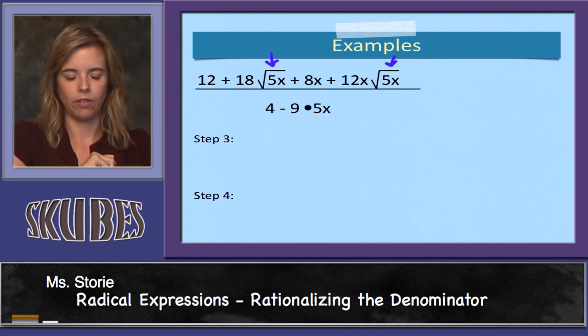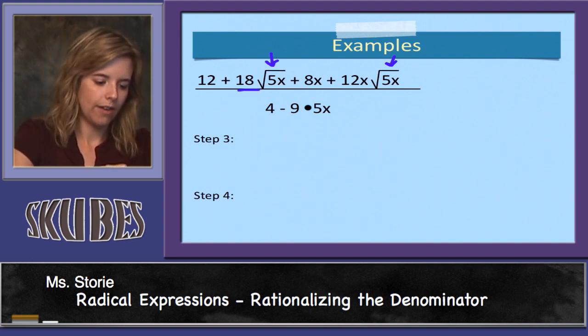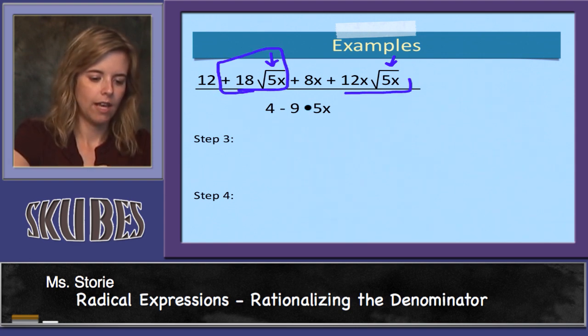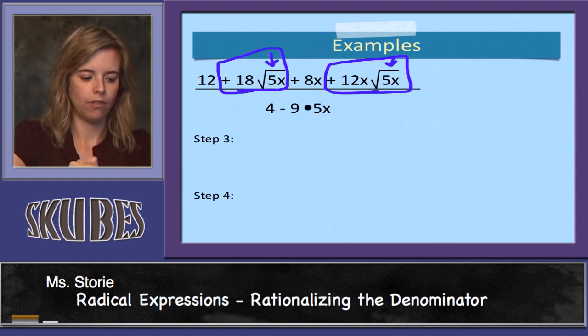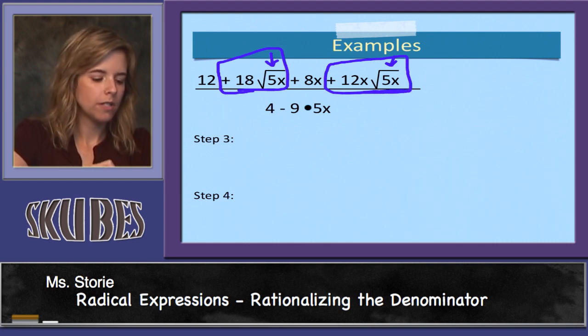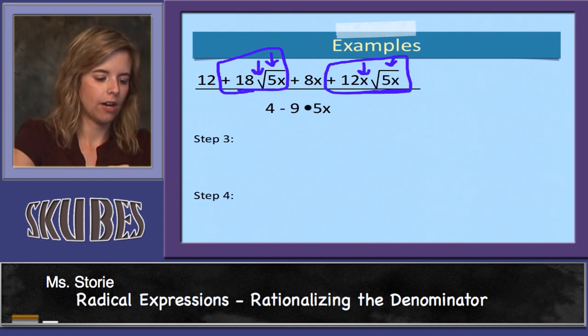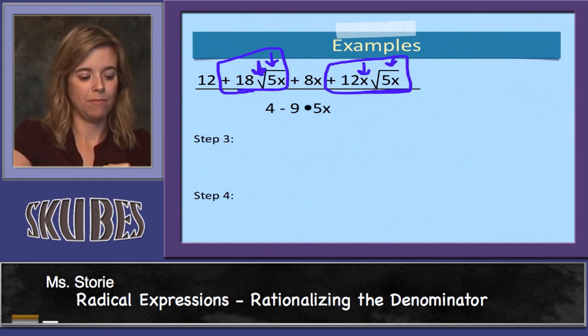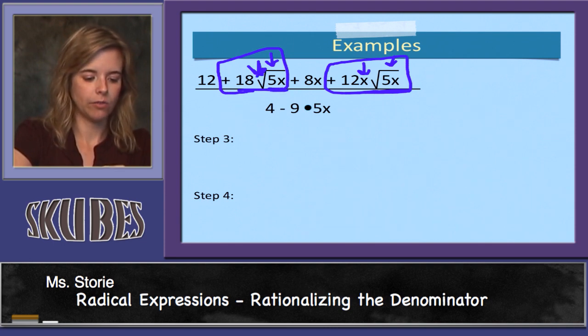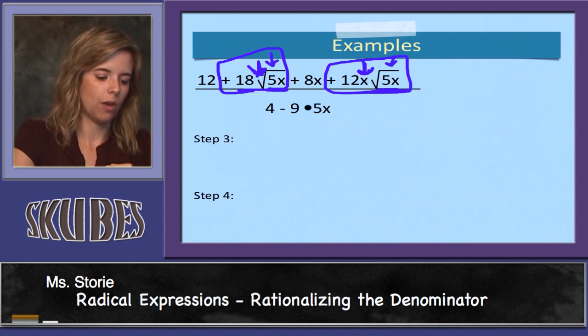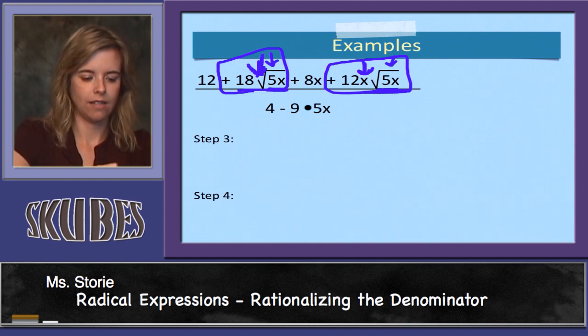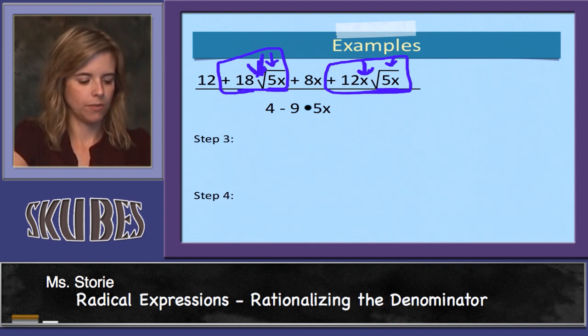Let's see if we can do any combining of like terms. I've got 18 of the radical 5x, and I've got another 12 of the radical 5x. Are those like terms? Comes close, but it turns out not, because look, you've got an x there and an x there missing. Even though we have a radical 5x here and radical 5x here, what we'd need to do is have a 12x with an 18x. So it turns out those are not like terms.